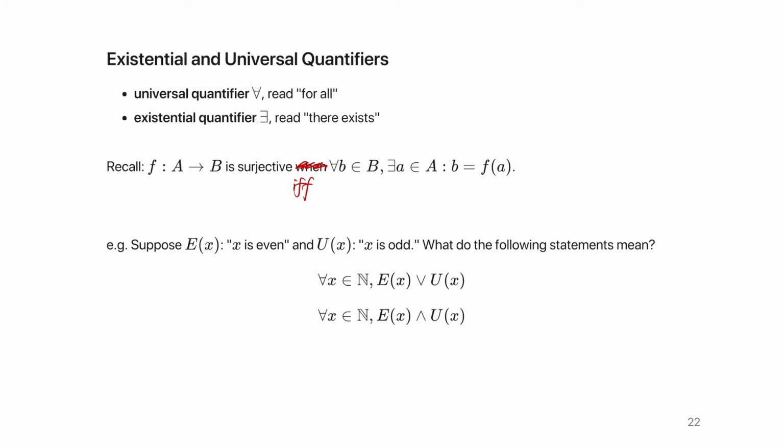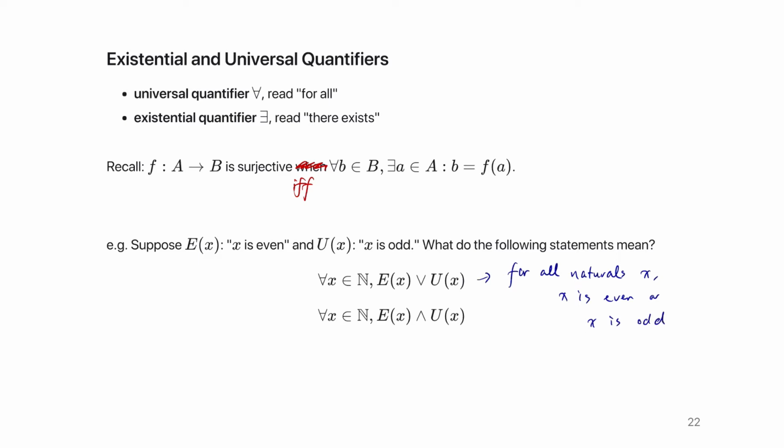Yeah. For all x in natural numbers, x is even or it's odd. Exactly. This first one says, for all natural numbers x, x is even or x is odd. Great. That happens to be true.